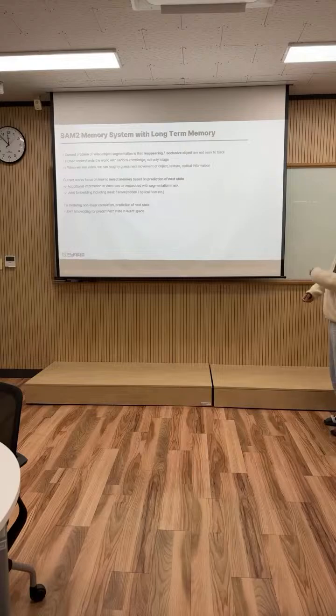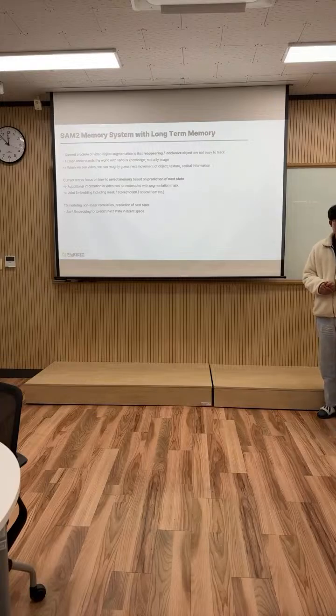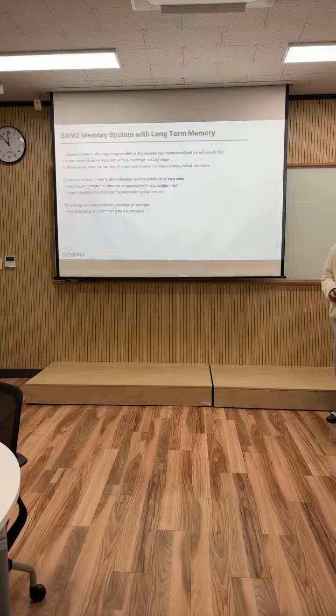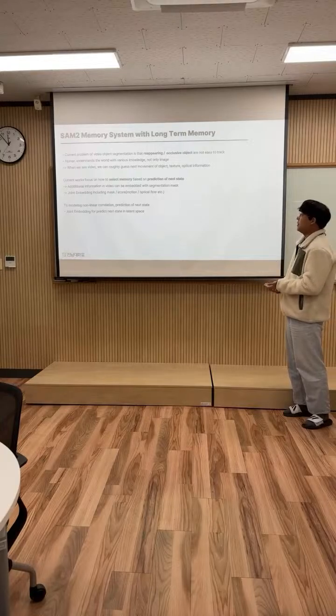So my point is that we can add this additional information to the embedding to infer the next state. Predicting the next state at the pixel level is risky because of computational complexity, and we cannot handle many nonlinear cases. So my point is to embed this information.